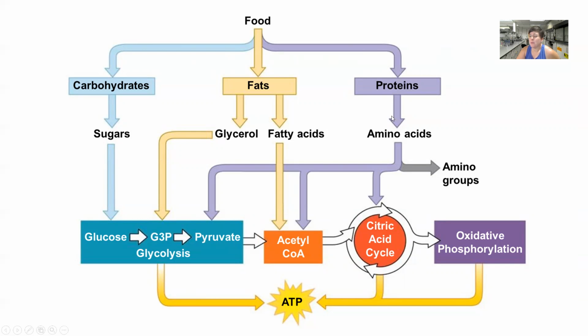Proteins can be broken down into amino acids. The amino groups can be recycled for biosynthesis, but the carbon-containing parts of amino acids, whether that's the R group or the carboxyl group, can actually enter into pyruvate oxidation, or it can enter directly into the Krebs cycle to also generate ATP.